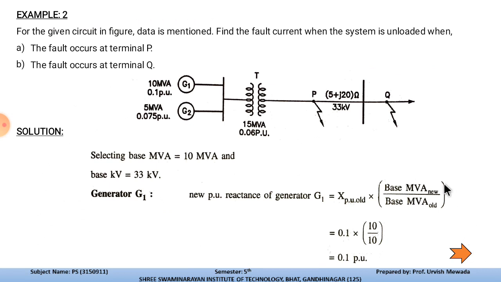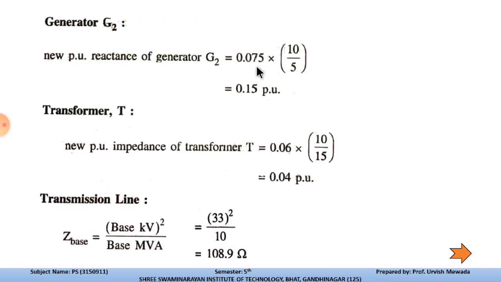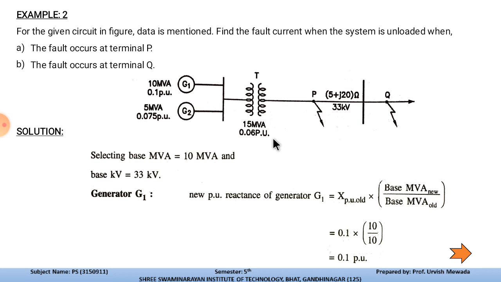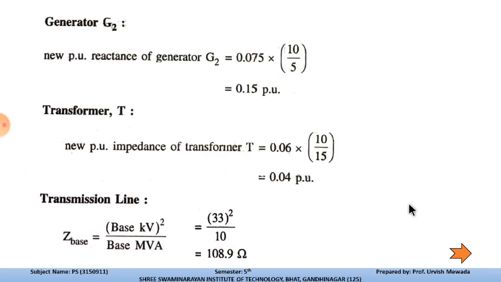After solving this, we have the value for G2, that is 0.15 pu. Now let us calculate for the transformer T. The old pu impedance of the transformer is 0.06, the new MVA that we have selected is 10, and the old one is 15. So the new pu impedance of the transformer is 0.04 pu.